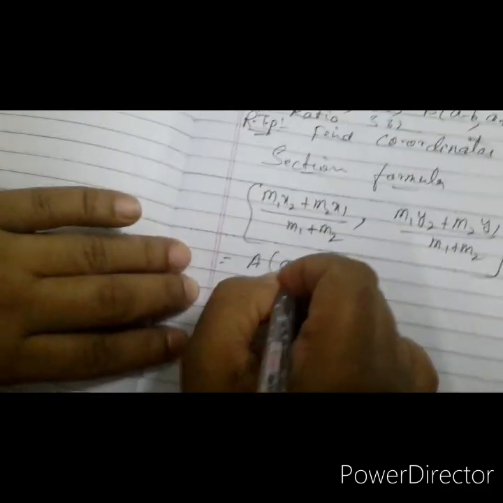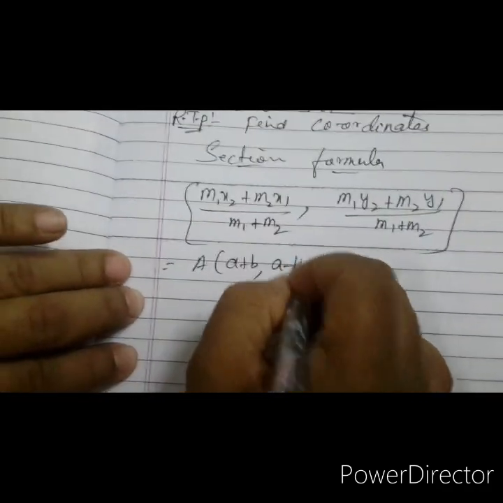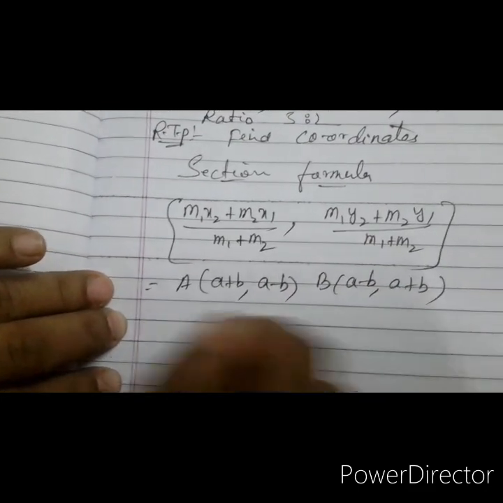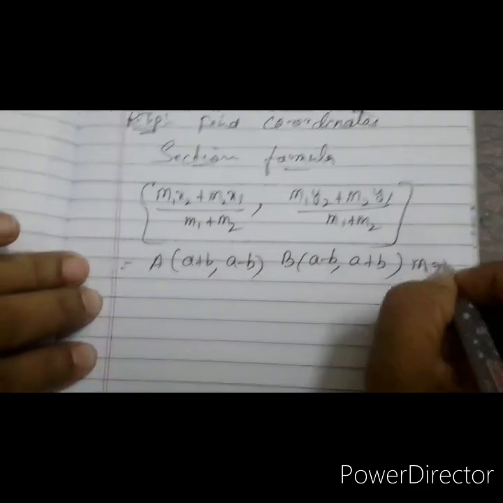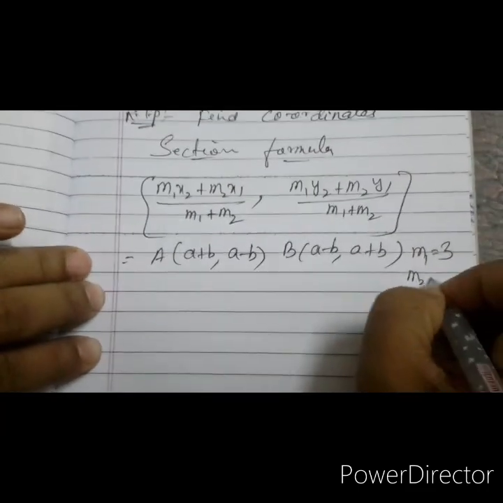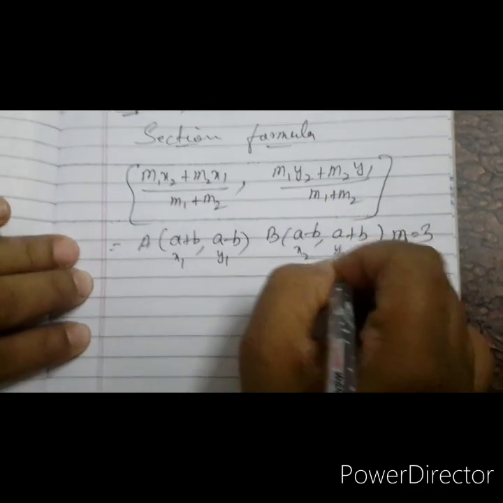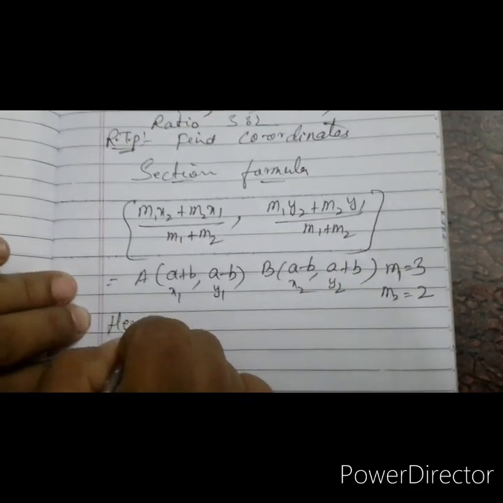As you know, the points are (a + b, a - b) and (a - b, a + b). What is m1, m2? m1 is 3, m2 is 2. This is x1, y1, x2, y2.